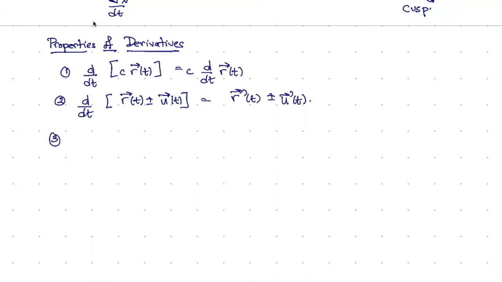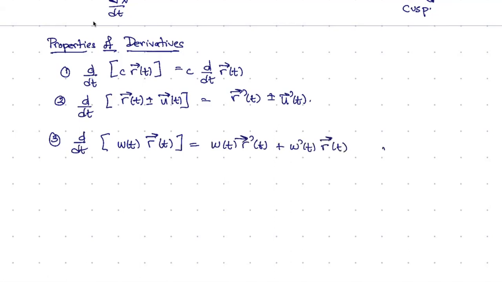If I were to have a scalar valued function, w of t, times a vector valued function, the derivative there would be w of t times r prime of t plus w prime of t times r of t. And this is where w of t is a scalar valued function.